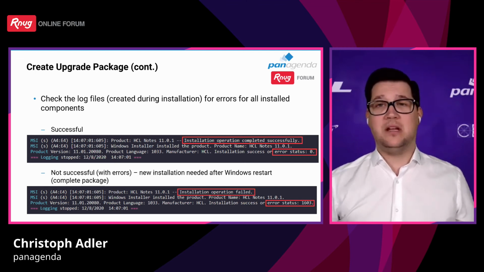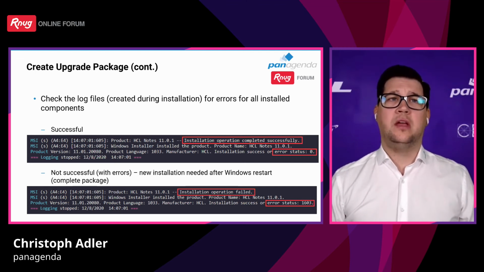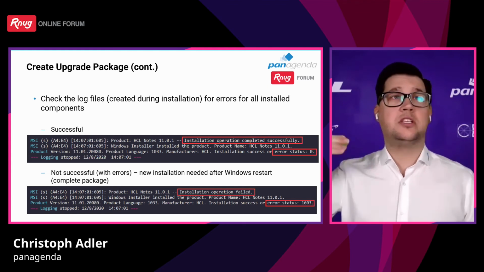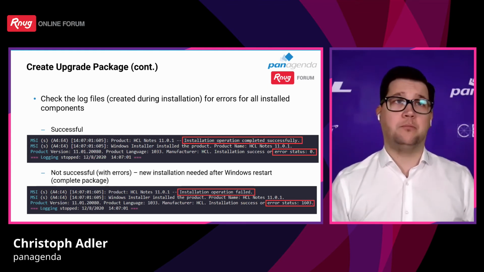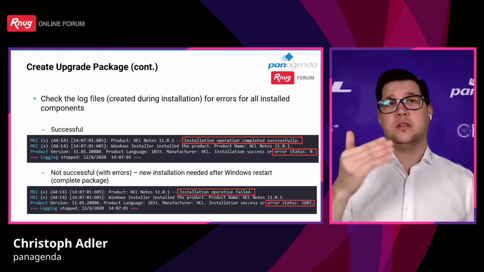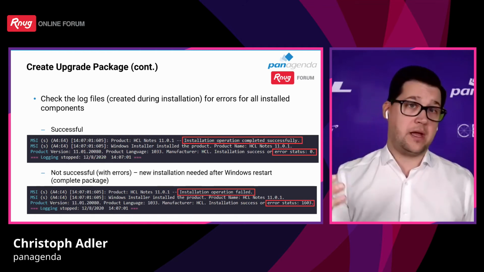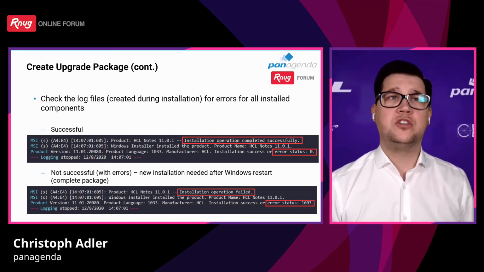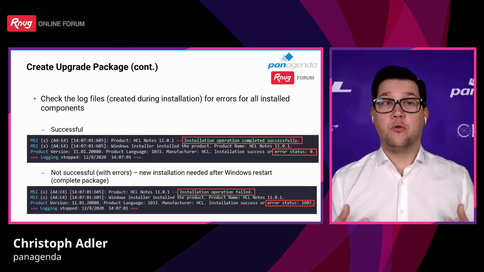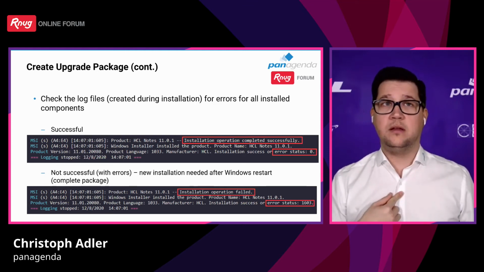And then there's only one thing that helps: you have to check the log, or just reinstall the whole thing, right? But if this happened, it's not good. That means either Notes is not installed, or the language pack, or the fix pack. If you ever have problems interpreting the log, I will make you that offer right now. You can always send those log files directly to me via email.